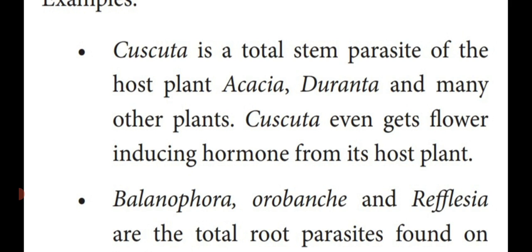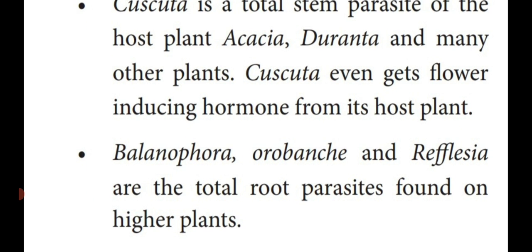Dash is a total stem parasite, Cuscuta. That is a 1 mark and a 2 mark question. In the second point, a 3-mark or 2-mark question: give some examples of total root parasites. What is that? Balanophora, Orobanche and Rafflesia are the total root parasites.